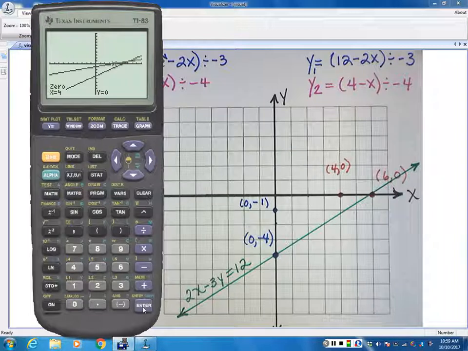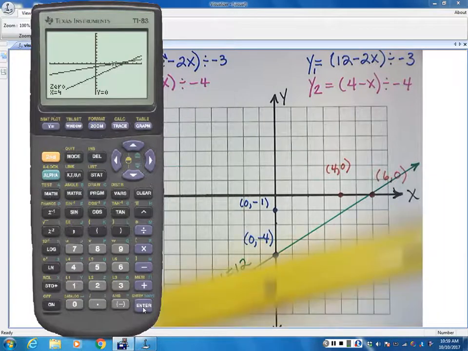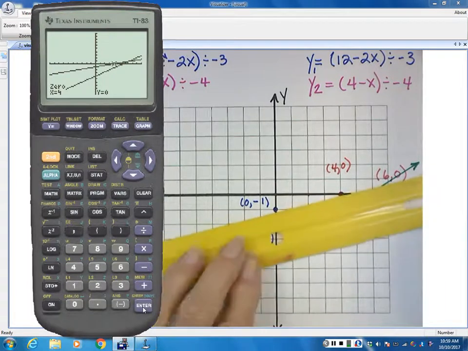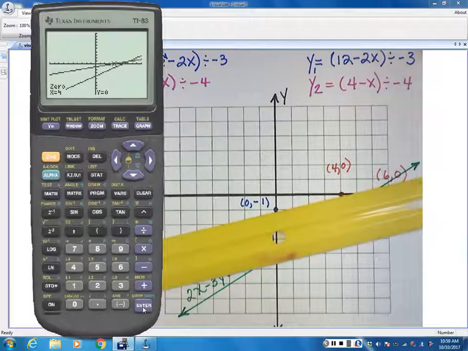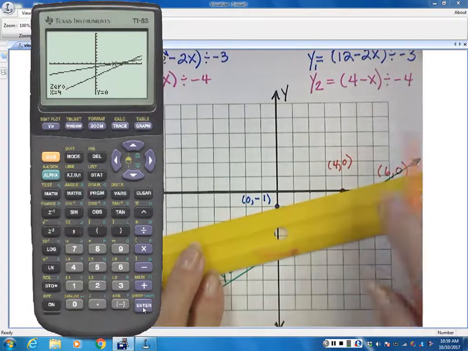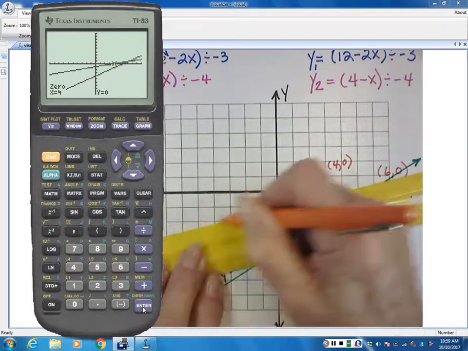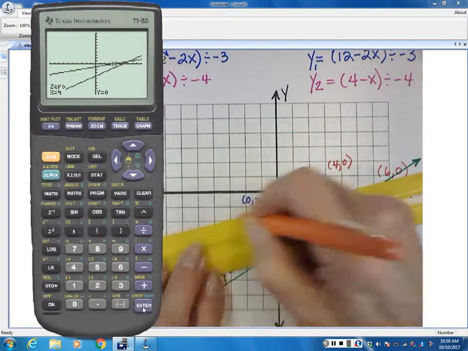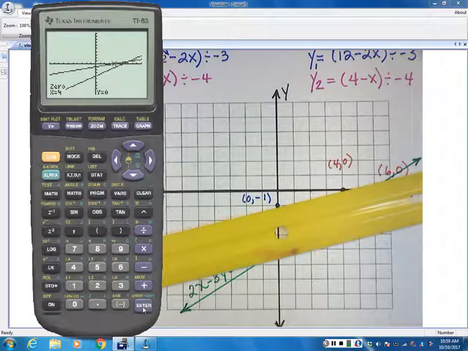So now I'm ready to draw that line. So again, I'll lay down the ruler. I'll draw a nice straight line. And my marker's dying, so try a new one.